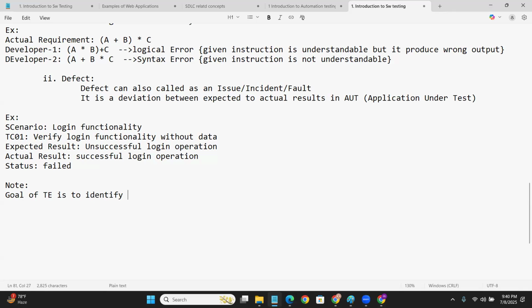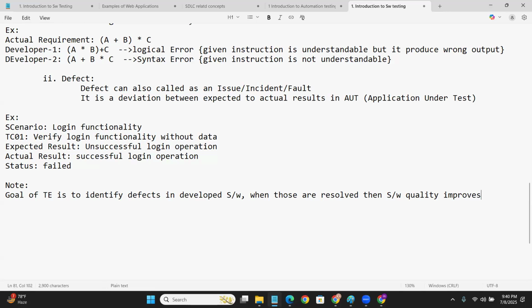to identify defects in developed software. When those are resolved, that means solved, then software quality improves.